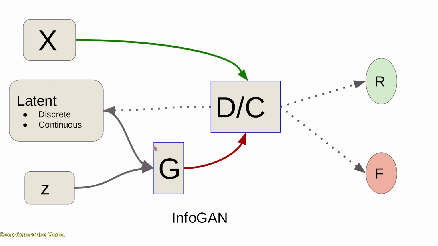So with InfoGAN, we don't actually have a label of an image, but we know it must have some labels. Suppose you got the images from MNIST, and we don't have a label yet. Although we don't have the label, we can still see that these digits look pretty similar.